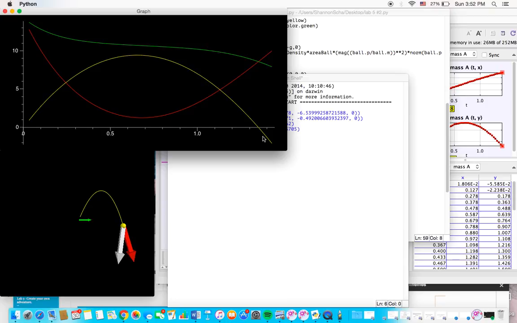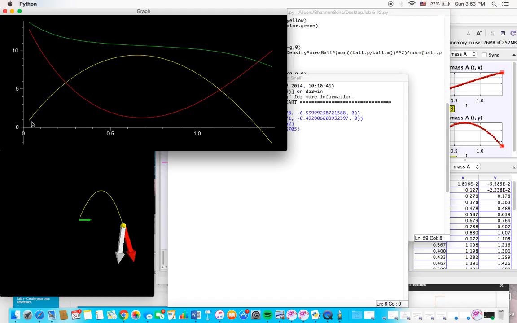This graph makes sense because energy is lost during this trajectory because of the drag, and we can see that the kinetic energy starts with a lot of velocity, then in the middle it has a low velocity, and at the end it again has pretty high velocity.